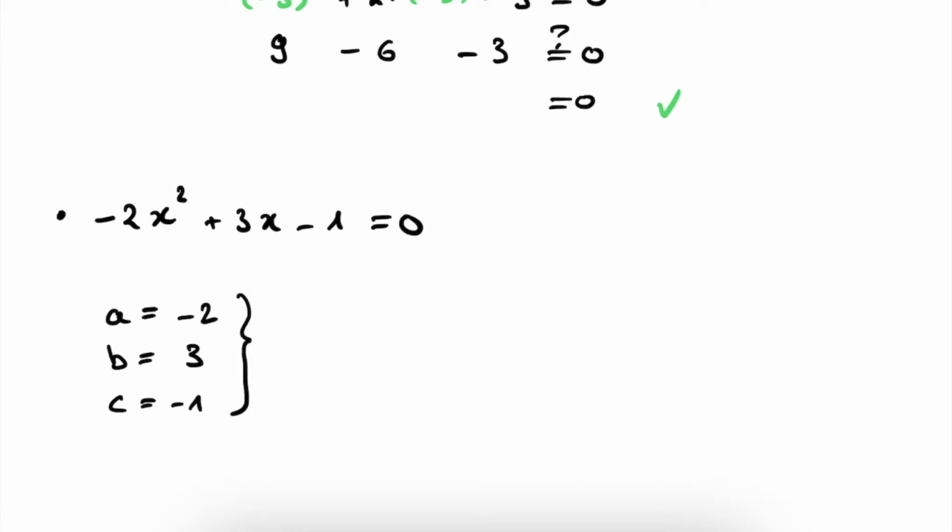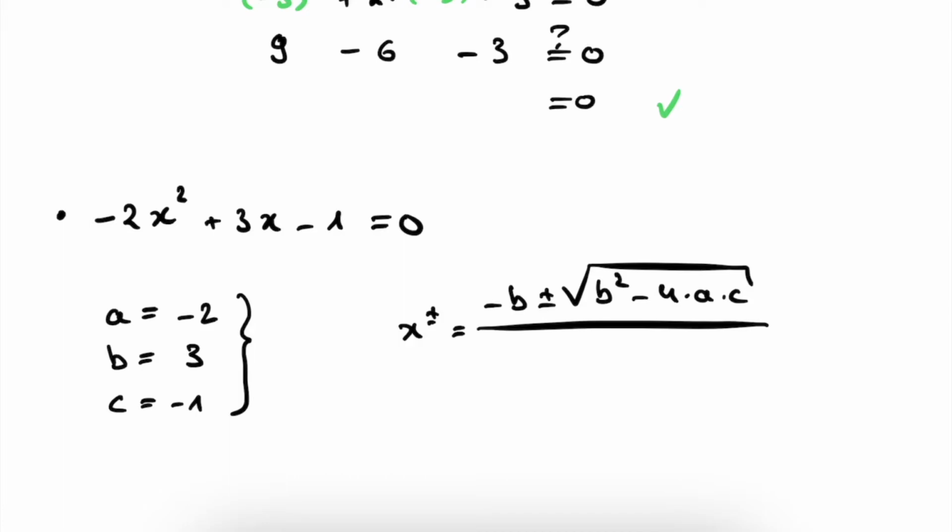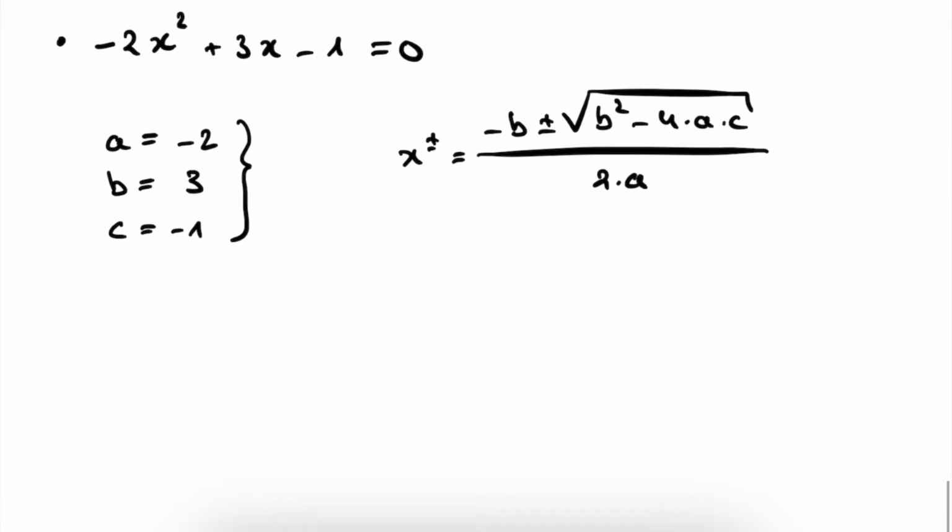And again, when we have these numbers, we can fill in our general solution, which is again minus b plus minus square root of b squared minus 4 times a times c, divided by 2 times a. And we can just fill this in.